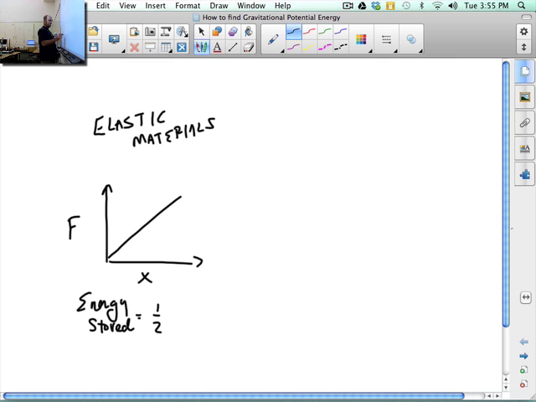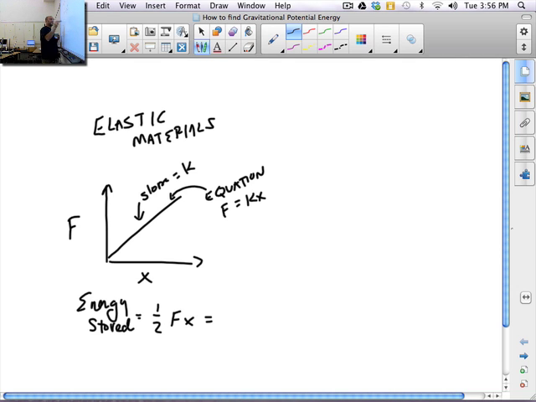1/2 Fx. And since this slope is called the spring constant, if you plug in Kx for F, the equation on the line is going to be F equals Kx.